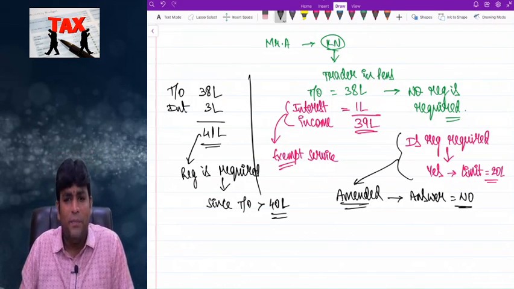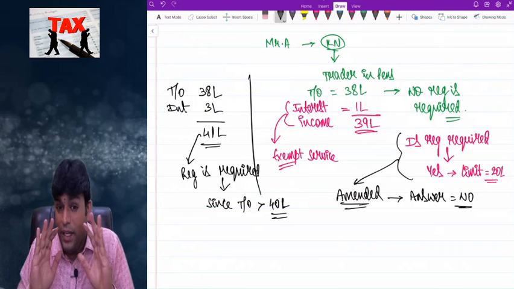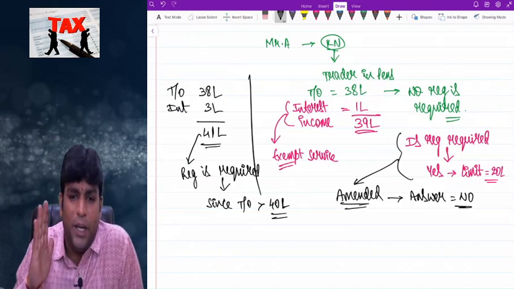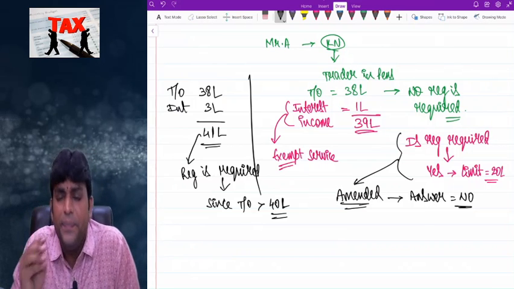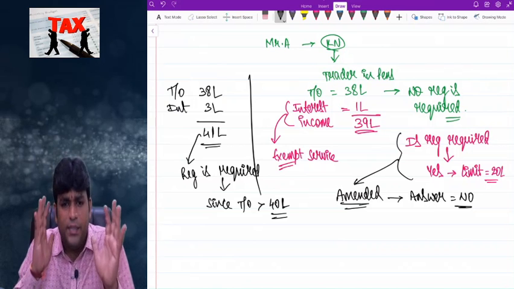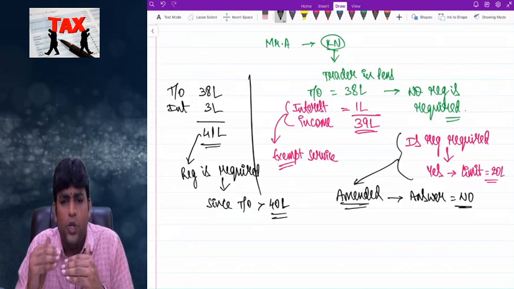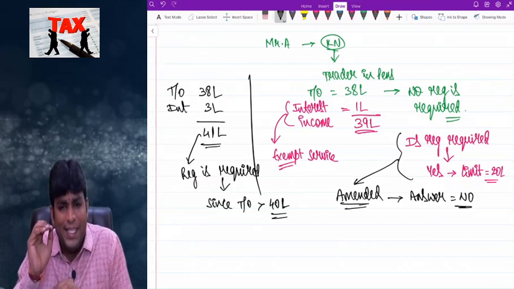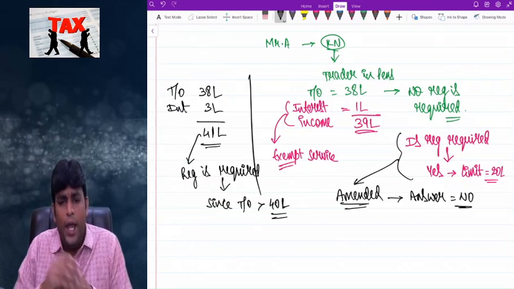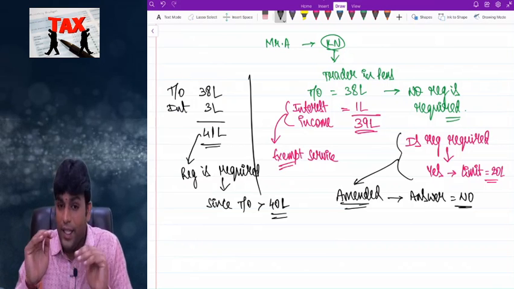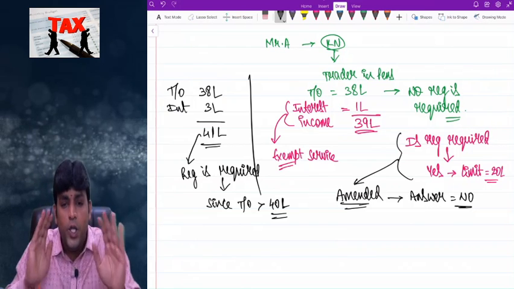So the logic is very simple. Why has this concept come? Let me repeat one more time. Generally, if a person is engaged exclusively in supply of goods, the limit is 40 lakhs. There, one interesting point they have clarified is that the value of exempt service by way of extending deposits, loans, advances where the consideration is interest or discount is actually an exempt service. Now, the moment the person engaged in supply of goods does this service, the limit should actually fall to 20 lakhs. Why?